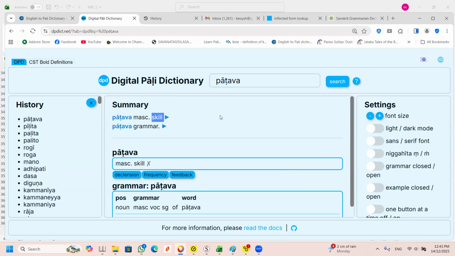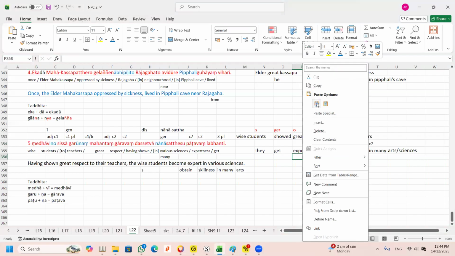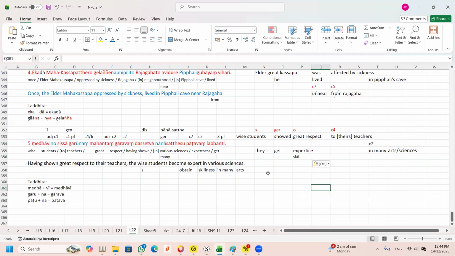So the word is skill. In this case, I change a bit. So that means they get skills. So this is singular. Skill in many arts and sciences.